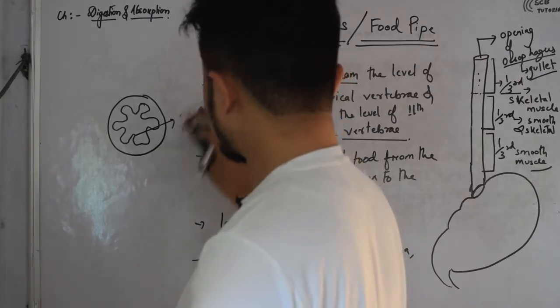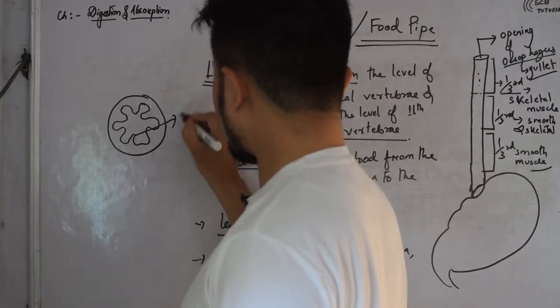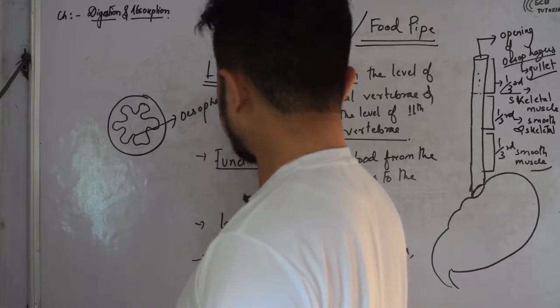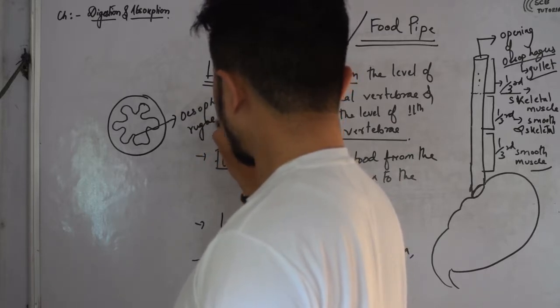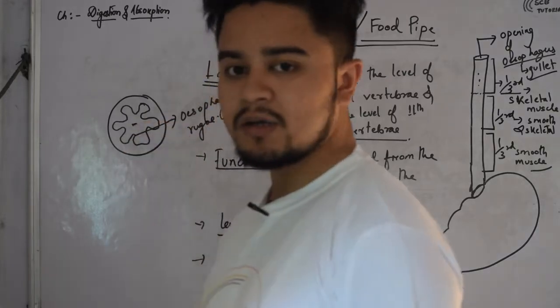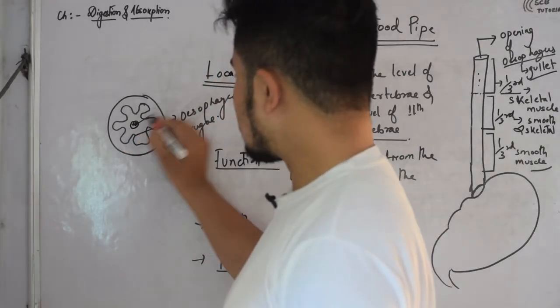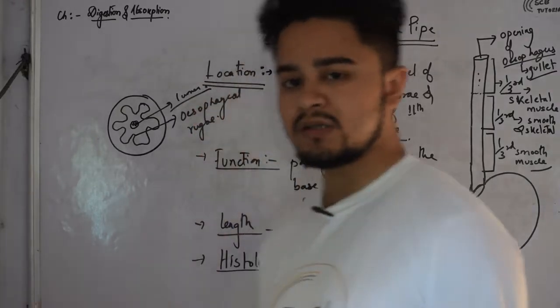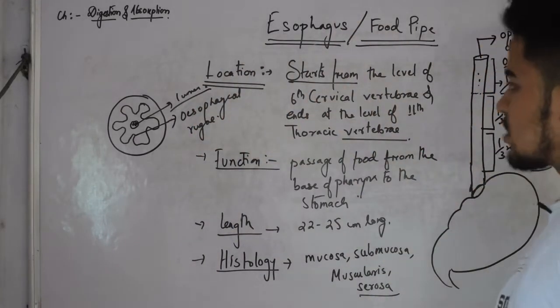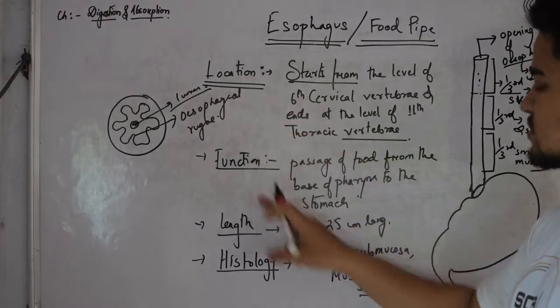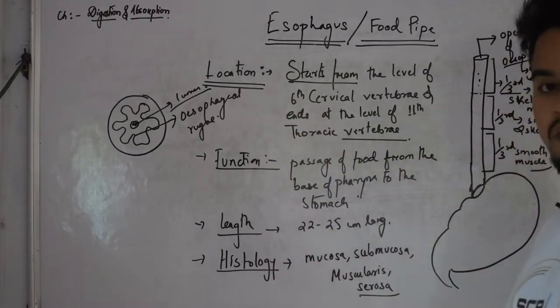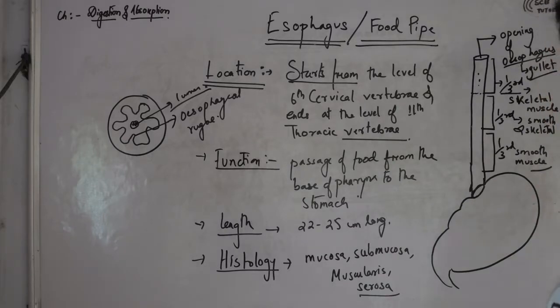Sorry, not palatine rugae, they are called esophageal rugae. Through this lumen, through this area, the food will pass. So this is all about the esophagus. We have discussed location, function, length, histology, and these parts of the esophagus.